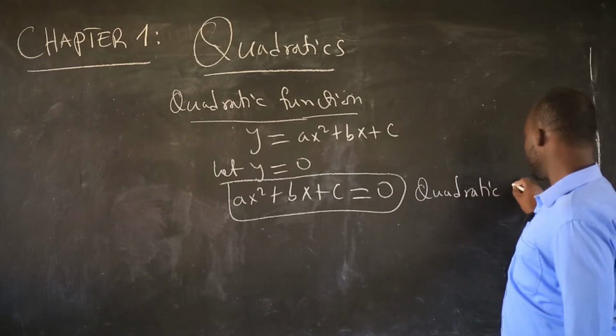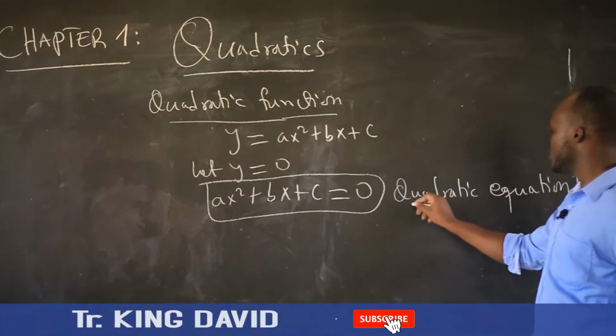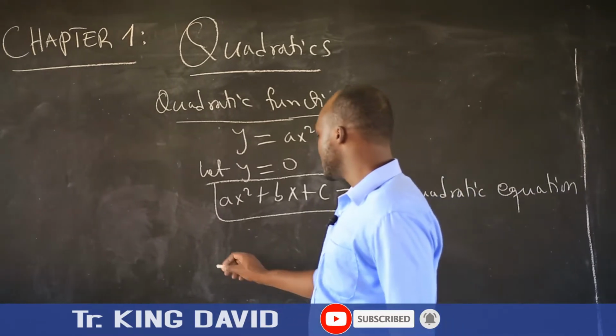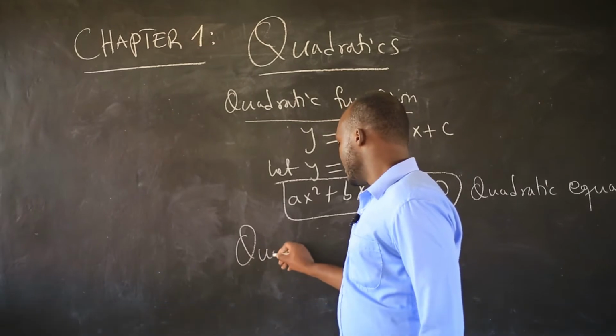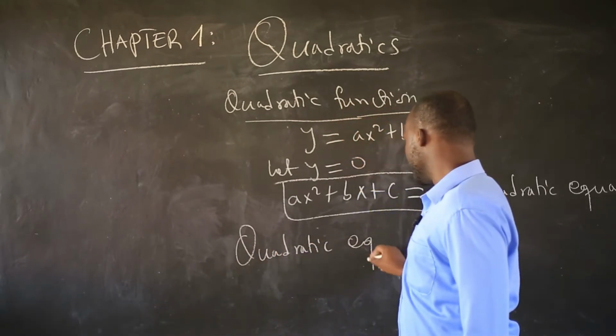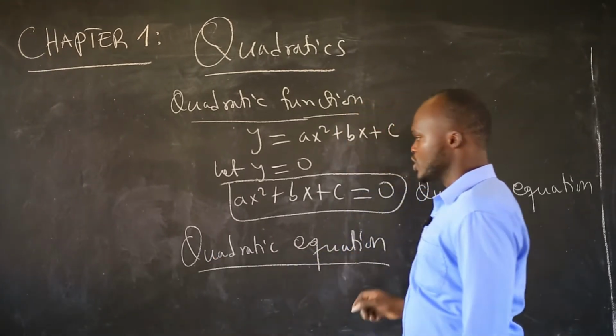Quadratic equation. When you have a quadratic equation, you can solve that equation by using different methods. So now we're going to start with quadratic equation and see how we can solve it. Before we go to quadratic equation, there is a linear equation.